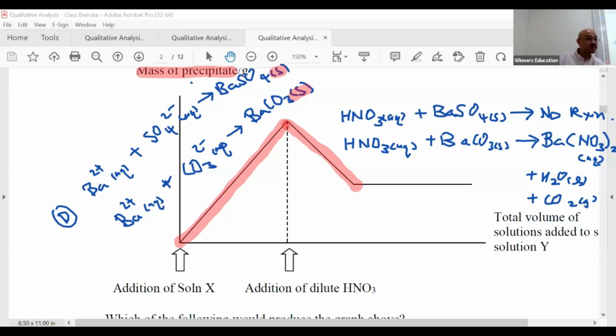Without balancing the equation, I want to prove to you that there's a solid still. This one was around, went up, and now we still have this one. That's why it's here. This was all due to barium sulfate. It didn't disappear, it's still there.